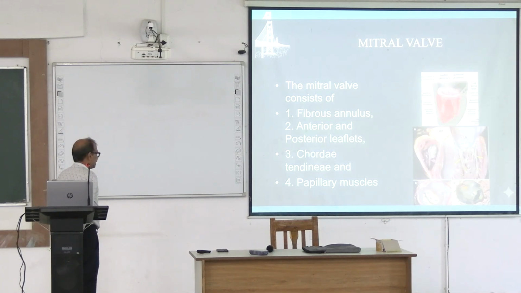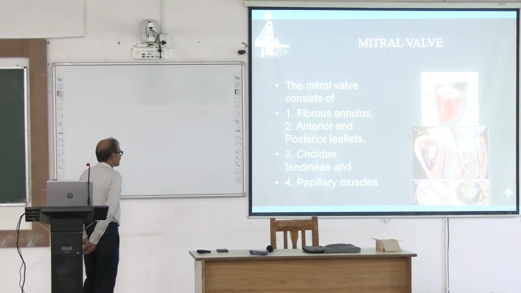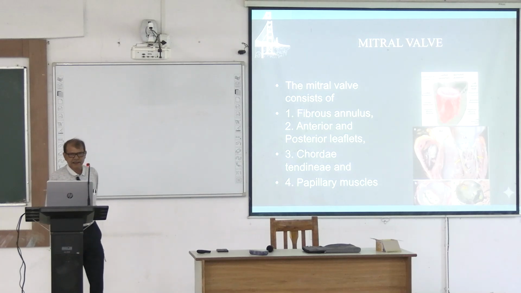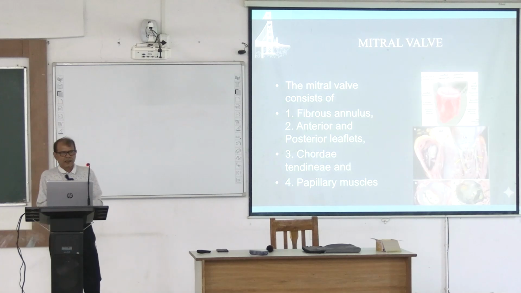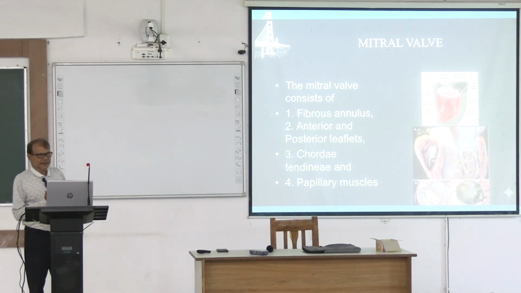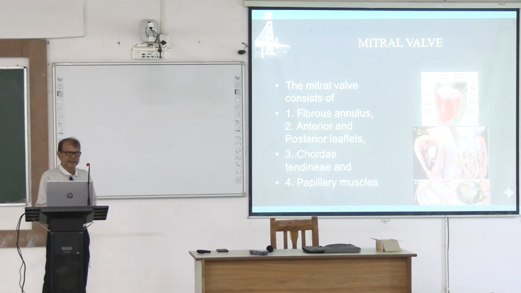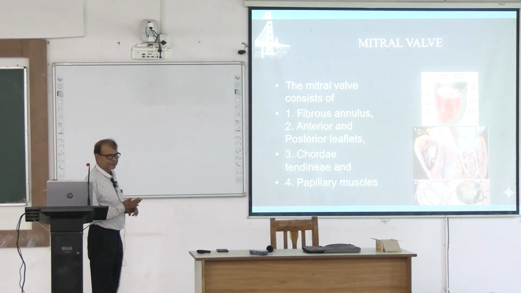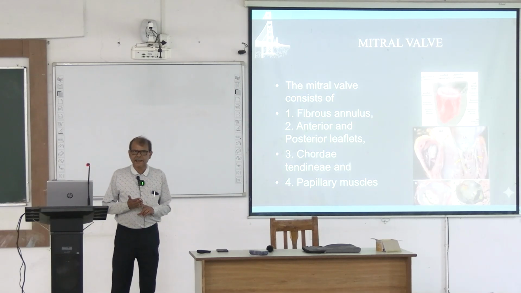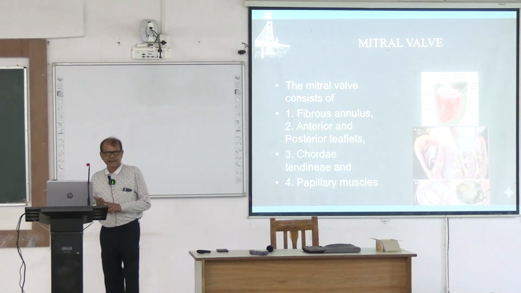So, the mitral valve apparatus is a 3-dimensional anatomic structure having number 1, annulus, number 2, commissures, number 3, chordae tendineae, number 4, papillary muscles, number 5, subjacent myocardium. Abnormality in any one may result in the mitral valve disease.